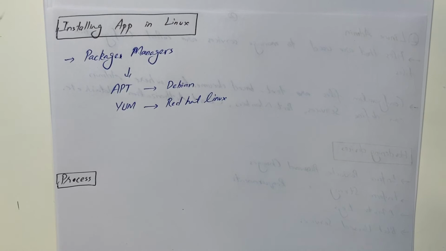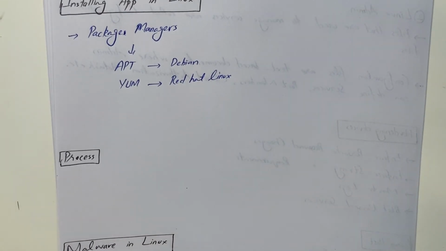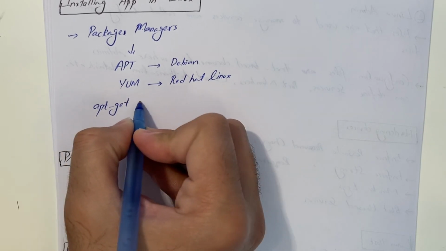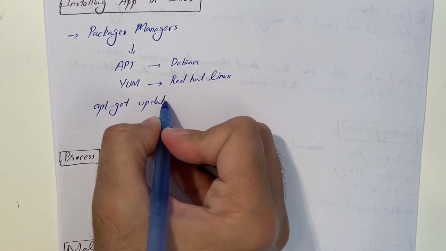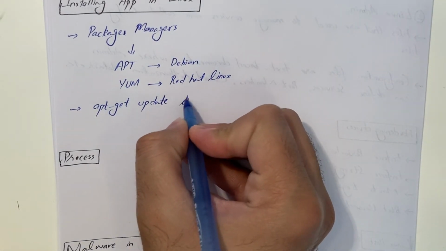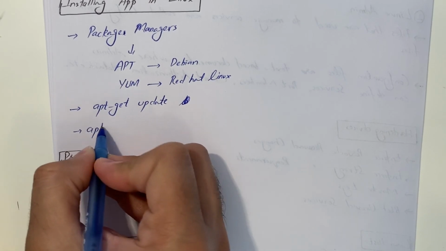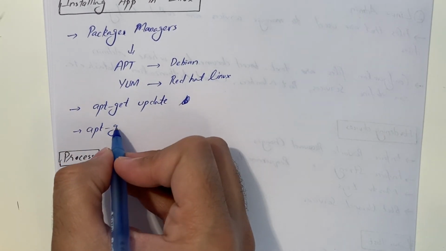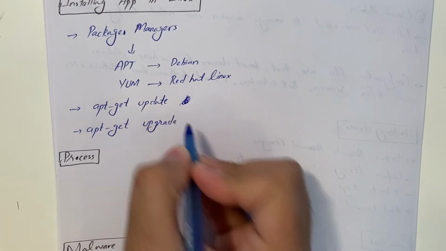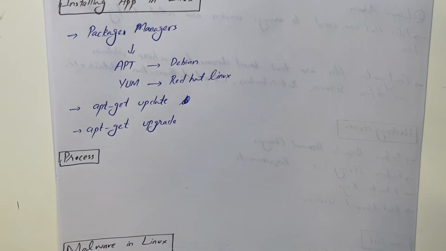So for example, if you want to update all the software, you just have to type apt-get update. If you type this command, it will update all the applications. If you want to upgrade applications, the command is apt-get upgrade. That's the package manager, and it will upgrade all the files.